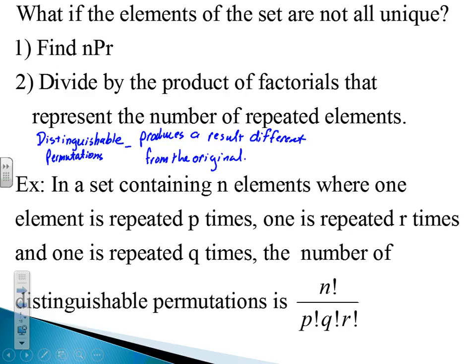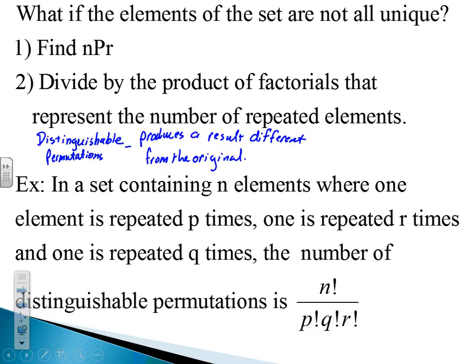Those are things that are unique, but still part of the set. That's where we're talking about in the denominator. Here we have P, Q, and R. N is still the overall thing, where P might be sandwiches, Q might be sides, and R might be soft drinks or something like that.